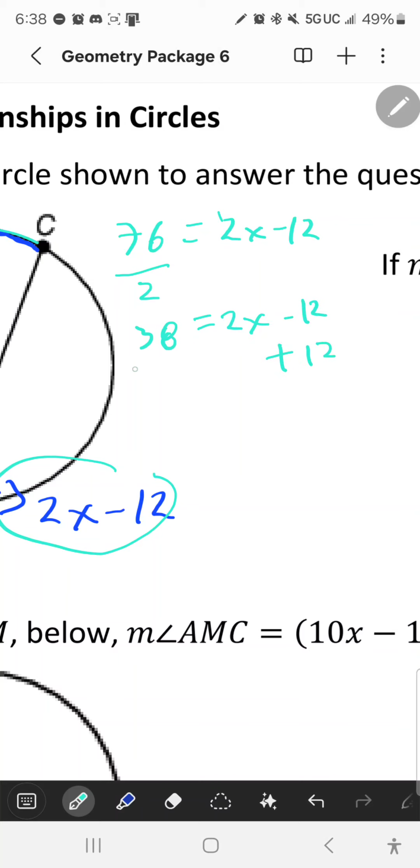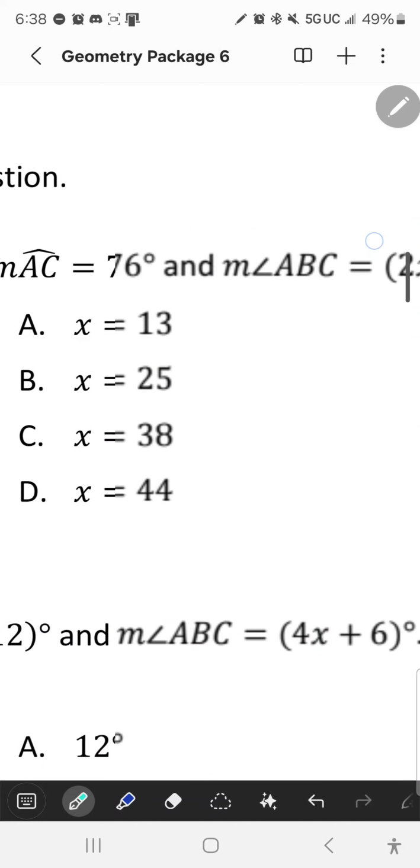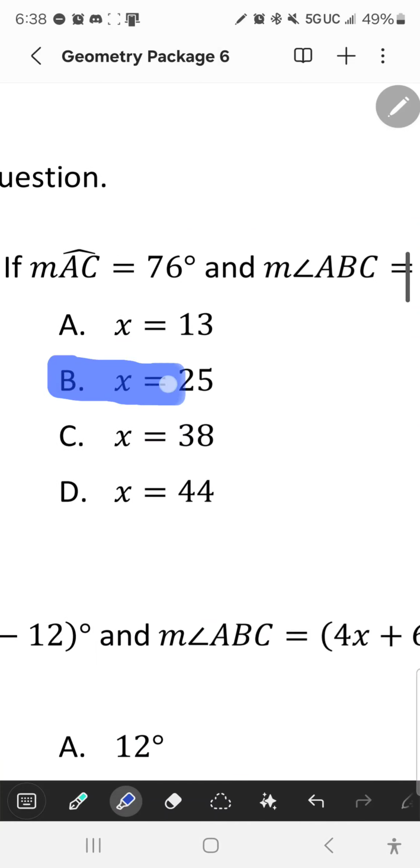I add 12 to both sides. So this cancels out, and 38 plus 12 is 50. So 50 equals x, then I divide it by 2. This cancels out, and then 50 divided by 2 is 25. So x equals 25. And this right here is our answer.